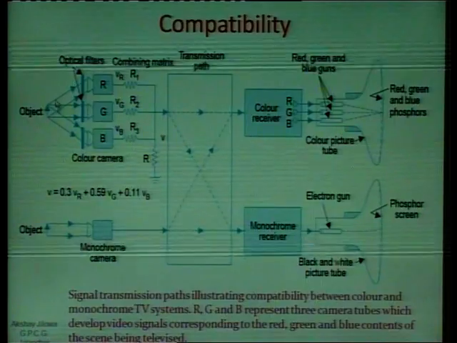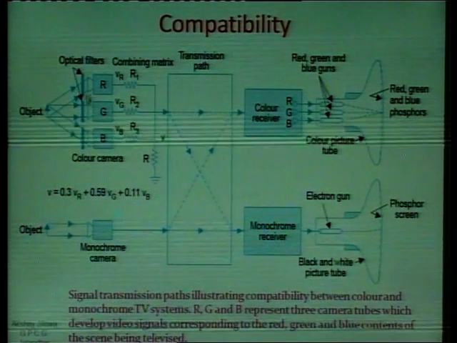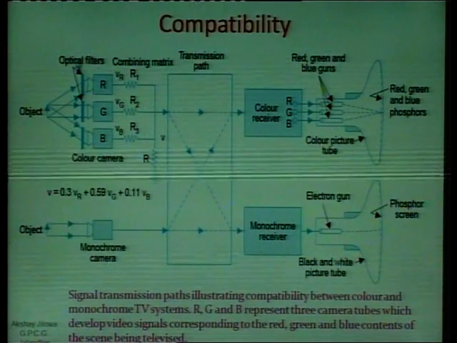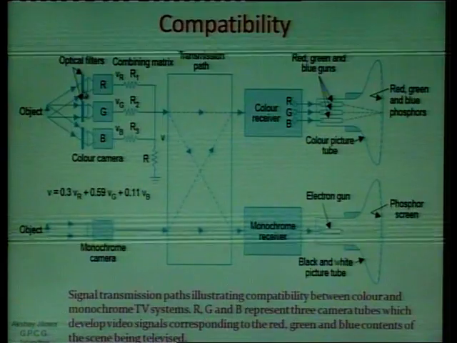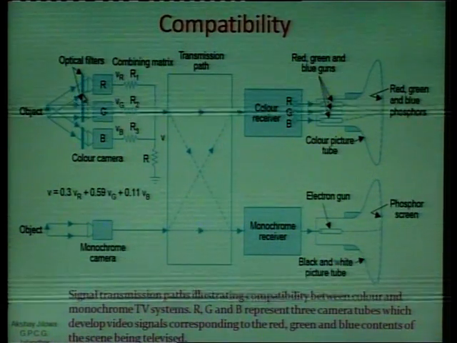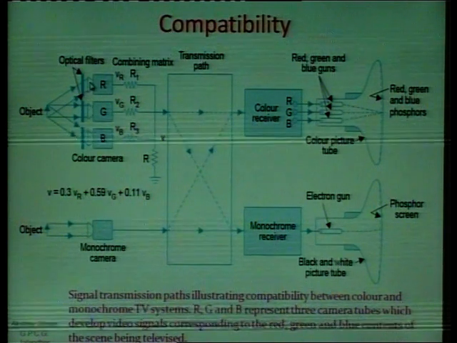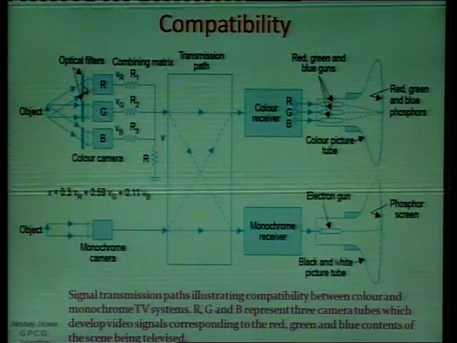So, when that color signal falls on these color filters, which are called optical filters, a particular wavelength is allowed to pass through and all other wavelengths are rejected.